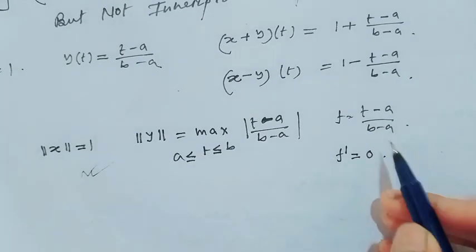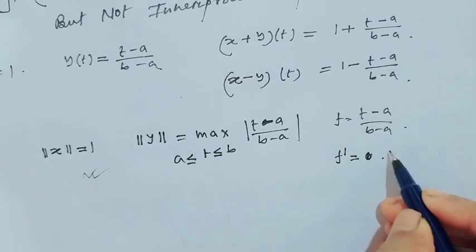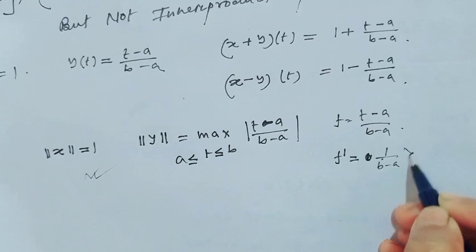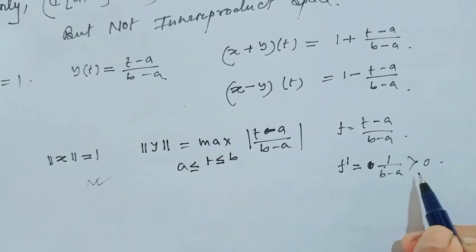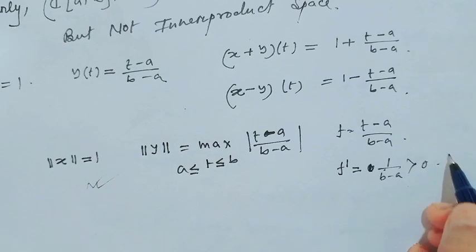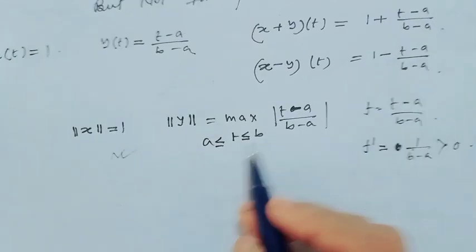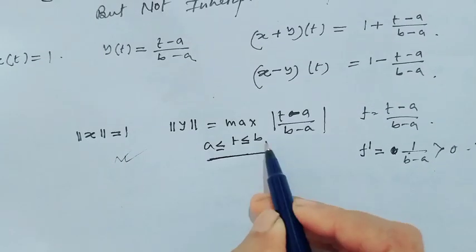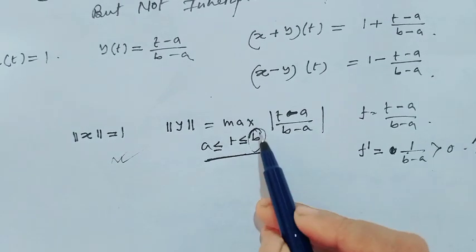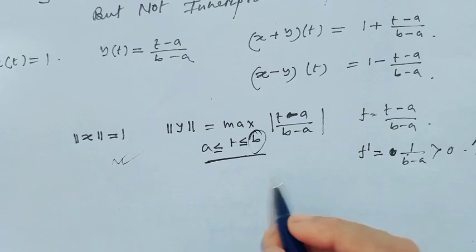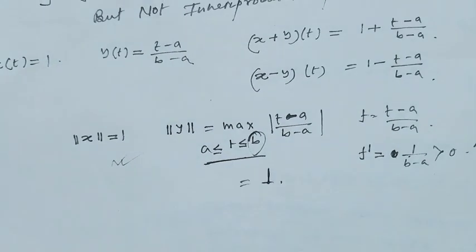Then f prime with respect to t would be 1 over (b minus a), which is greater than 0. And since f prime is greater than 0, the function is increasing, so the maximum value exists at the endpoint b. So just putting in the value, this value would be 1.